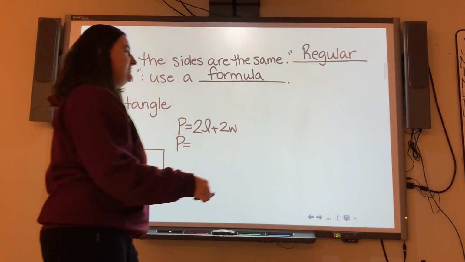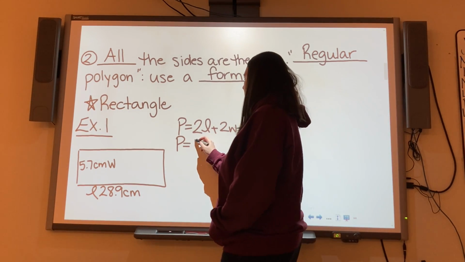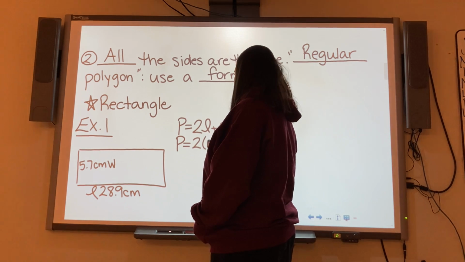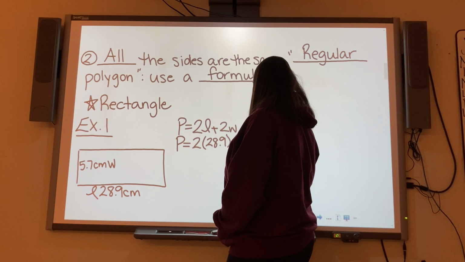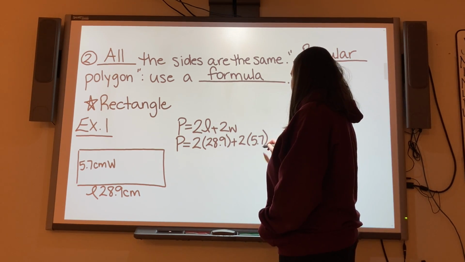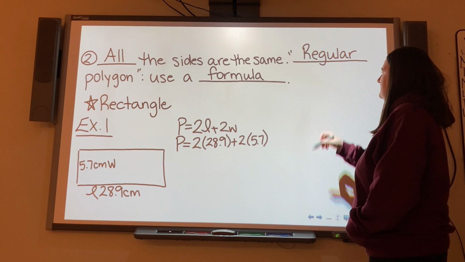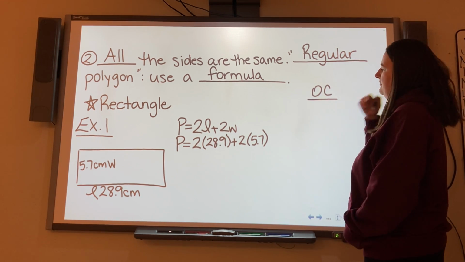So I replace the letters with how much they are from my diagram. 2 times 28.9 plus 2 times 5.7. And then I can start doing my outside calculations. So I'm adding. No, I'm not.